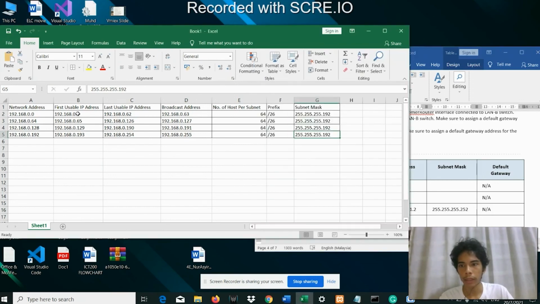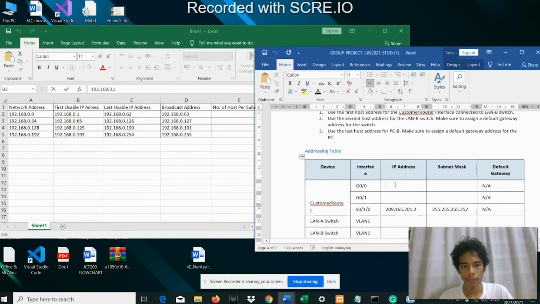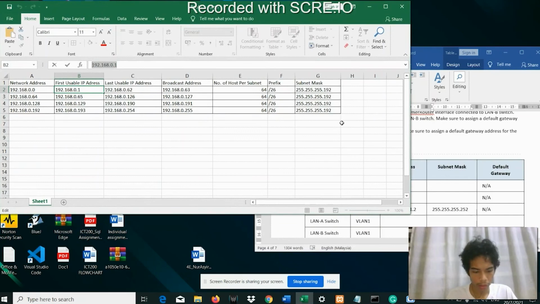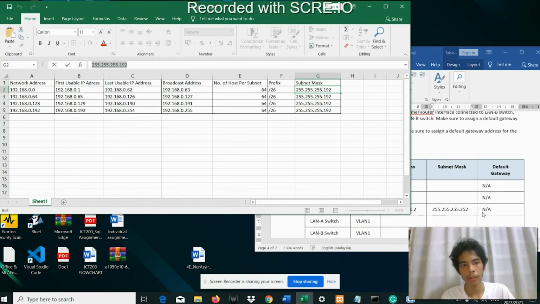Therefore, the IP address would be this, and the subnet mask would be this as well. The first line represents the first one.